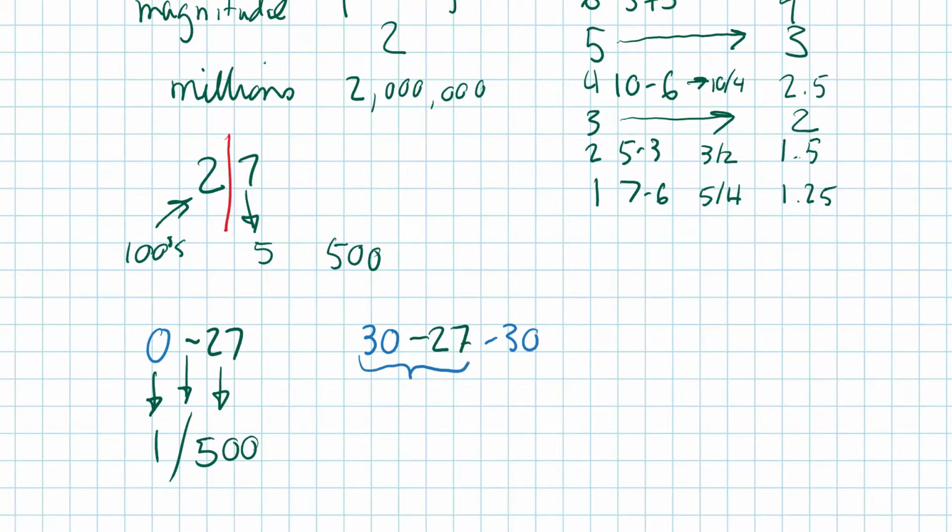Now what I need to do is perform the arithmetic on the front part and then convert it. So 30 minus 27 gives us 3. So that's the same as 3 minus 30.